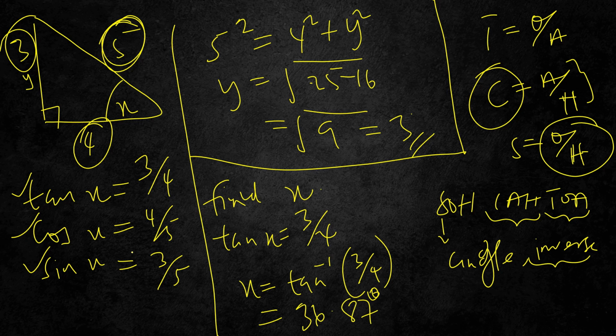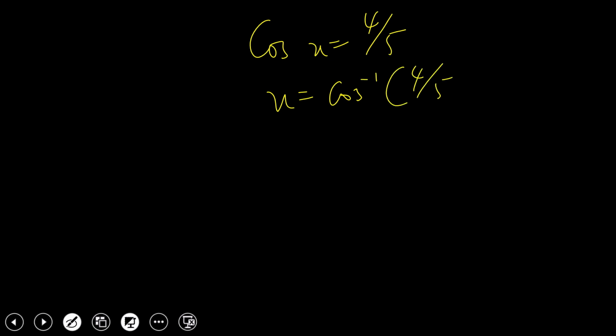Now, if you decide to use any of the others, you get the same thing. For instance, if you want to use the cos, you still get the same answer. If you decide to use the cos, then the cos of x is 4/5. This is going to give me x is equal to the cos inverse of 4/5.